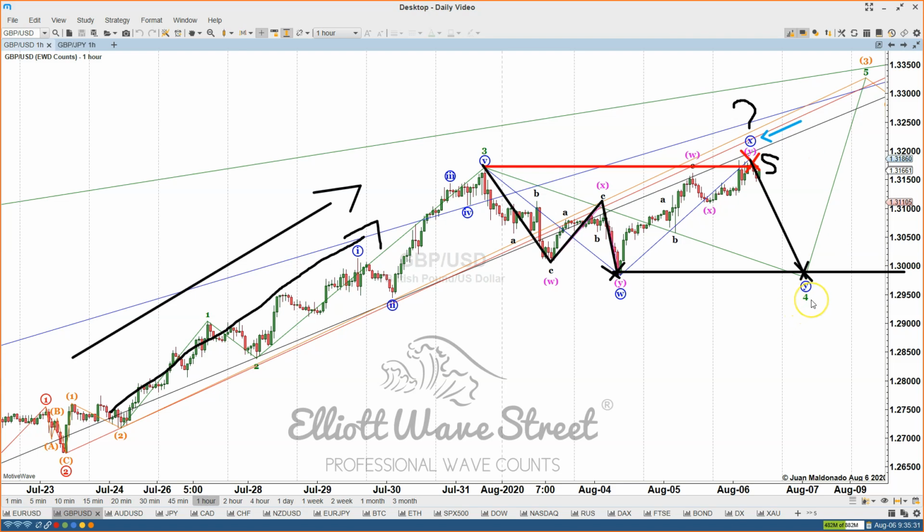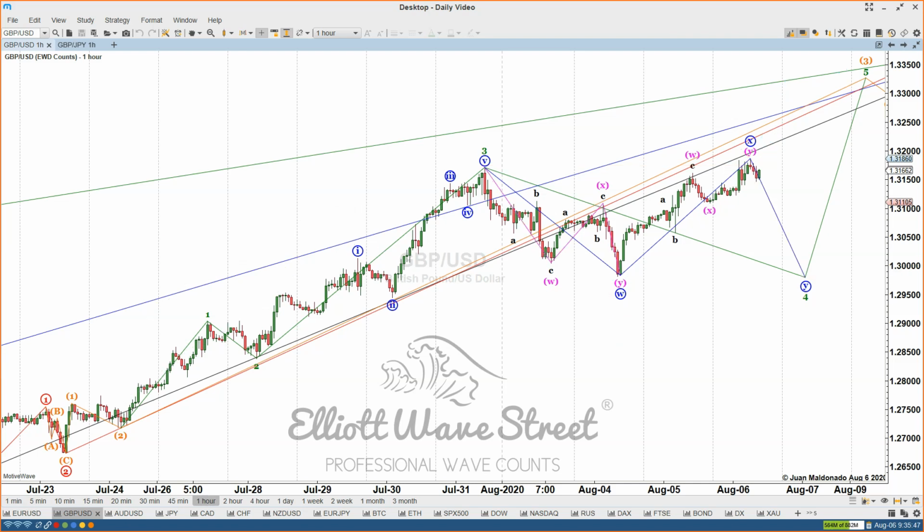Wait for the retrace and buy. Because here the price can continue higher easily, and we can be in the wave 5 green, and we already missed the trade if it was here. So Elliott wave is going to give us all these details in order to understand the markets.